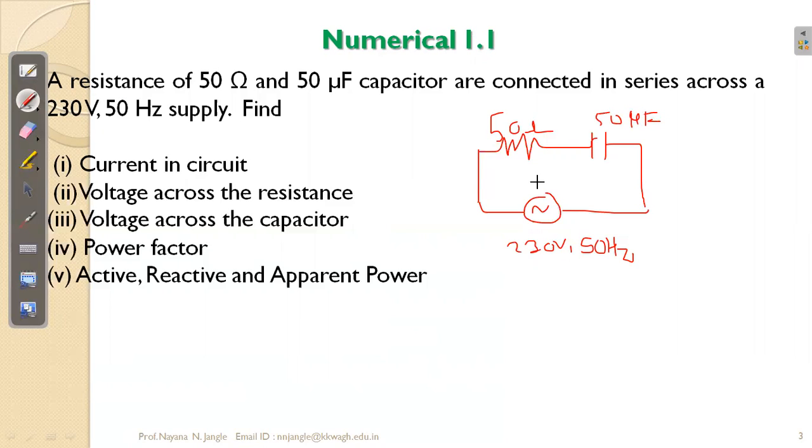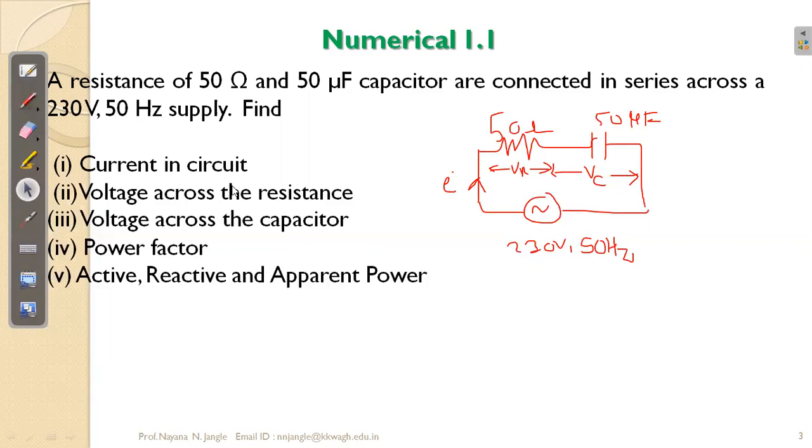Here you have to find the current flowing through the circuit, that is I, then voltage across resistance VR, voltage across capacitance VC, power factor, and active, reactive and apparent power consumed in this circuit.